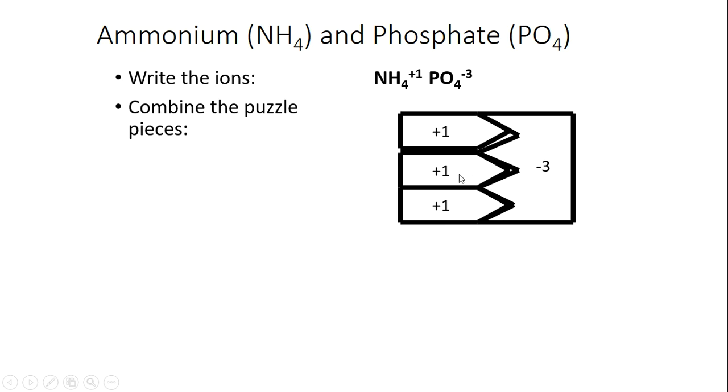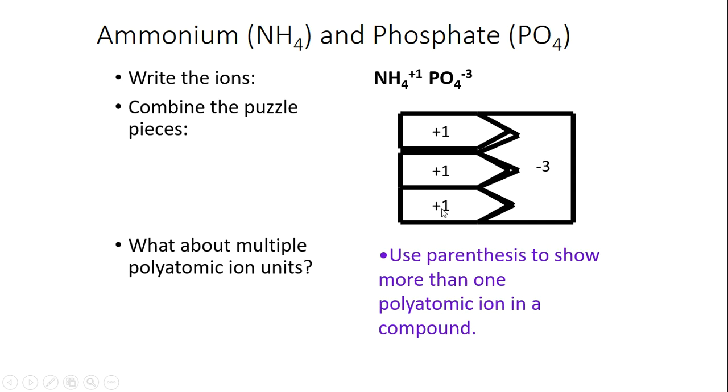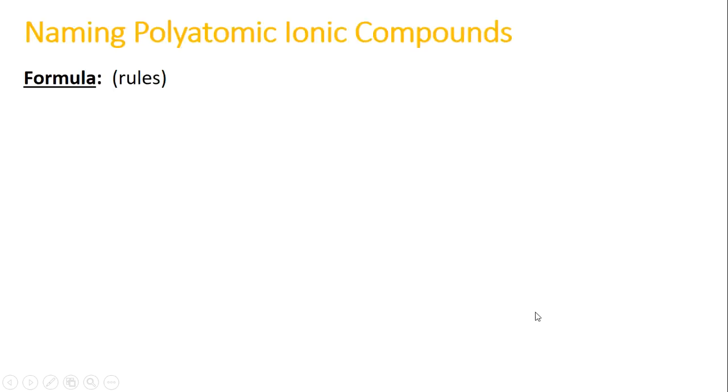So +1 +1 +1 is 3, -3 is 0. You only needed 1 phosphate to go with the 3 ammoniums. And now we need to use parentheses because we want this whole ammonium group to be taken 3 times. So you write that as NH4 with parentheses all around it, 3. So you take the whole thing 3 times and then the PO4.